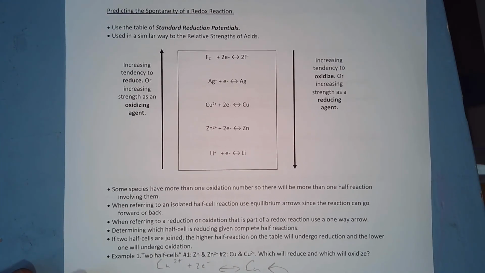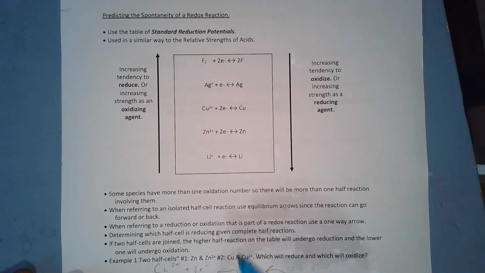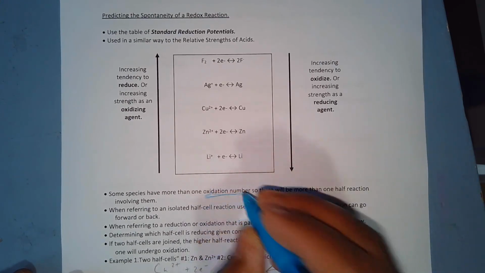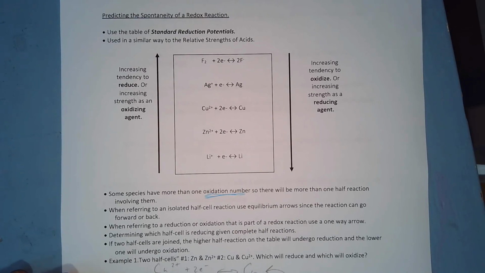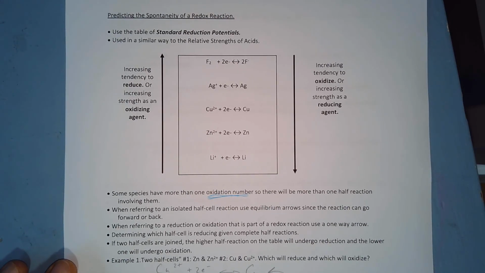When you look at that table, just be aware that some species have more than one oxidation number. For example, if you're looking at copper, there's a copper +1 and a copper +2. So you have to be familiar with that and make sure that you're looking for the correct oxidation number.